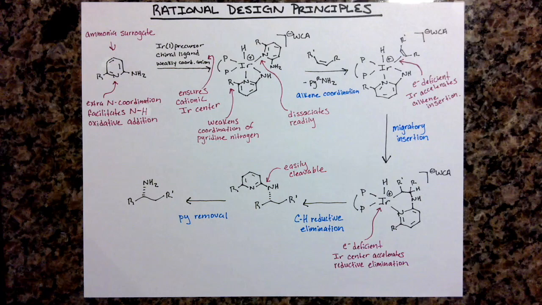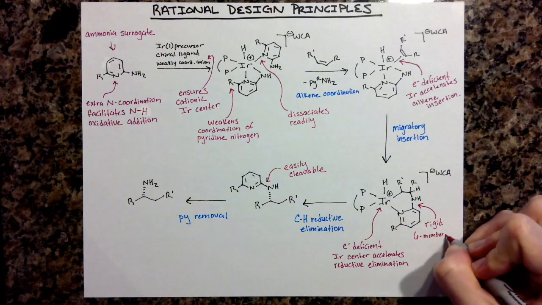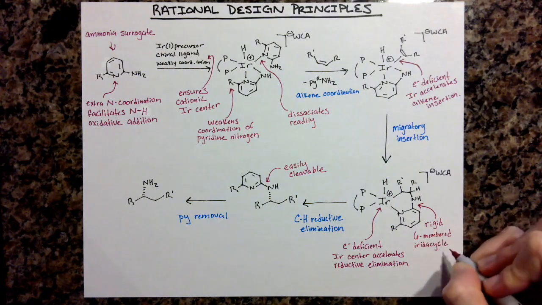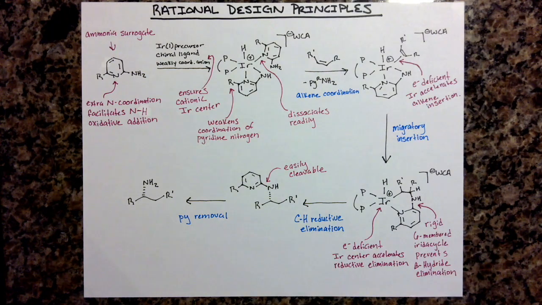But the last challenge that we haven't really discussed yet in terms of this new system is overcoming the beta hydride elimination. By using this ammonia surrogate as well, this will form a rigid 6-membered iridacycle. And because of this cycle, it will prevent the beta hydride elimination and facilitate solely the CH reductive elimination. Upon forming their product, they also recognized that this ammonia surrogate is an easily cleavable group, so they believe they'll be able to cleave it with high enantiospecificity.